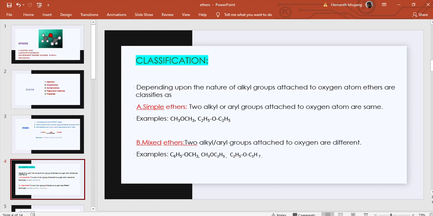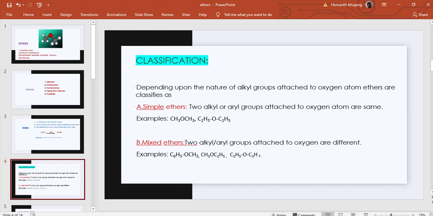In the above example, if the two groups are the same, they are simple. But if you change one of the groups, then that becomes a mixed ether. So observe these examples: C6H5OCH3, where two different groups are distributed at the oxygen.